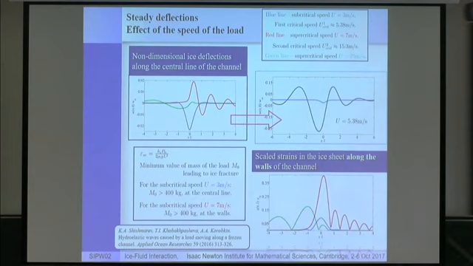Here we estimated which loads we need to use to destroy the ice, and what will happen if we move at our critical speed. You can see that the deflections stay much higher than in the previous one. The first one, the blue curve, is the same as here.